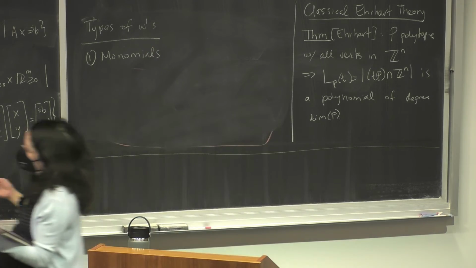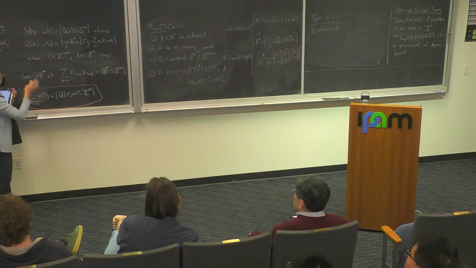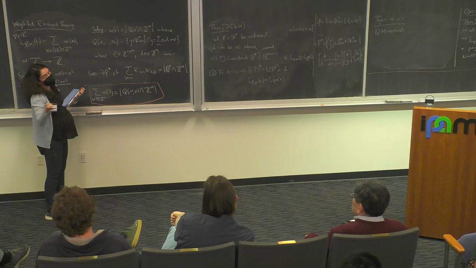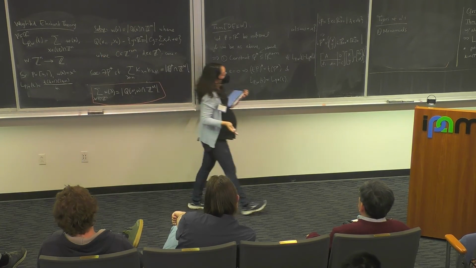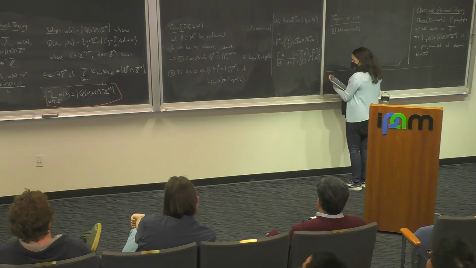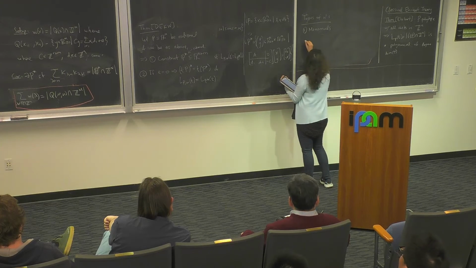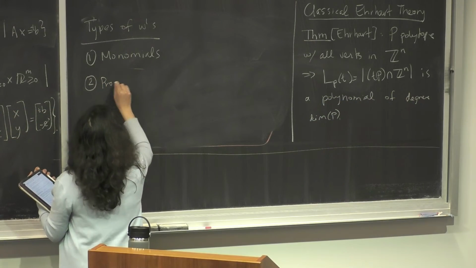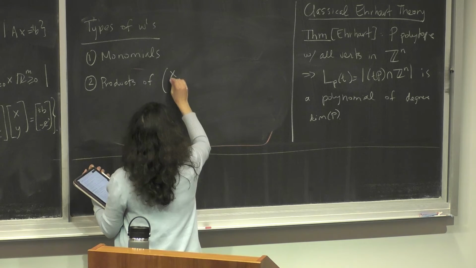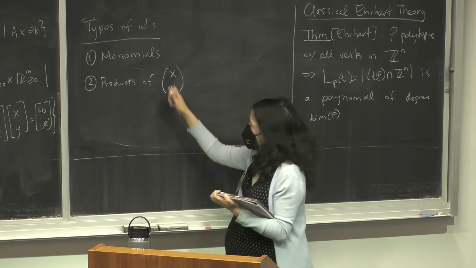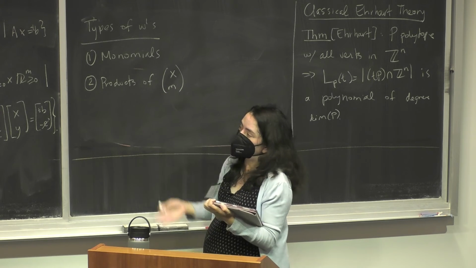So by taking Q to be some sort of cube, or products of cubes with each cube depending on xi, we can get any monomial. We can also get products of this type of binomial, of this type of polynomials, because this is Ehrhart theory for the simplex.